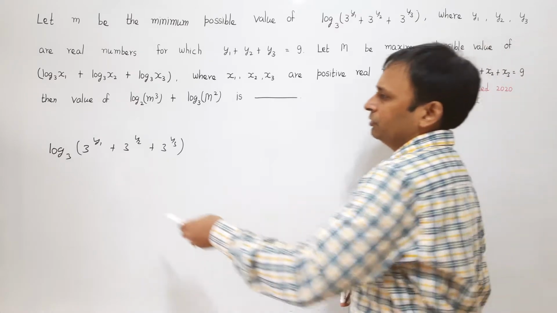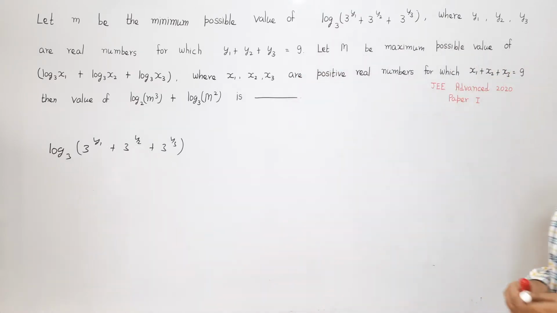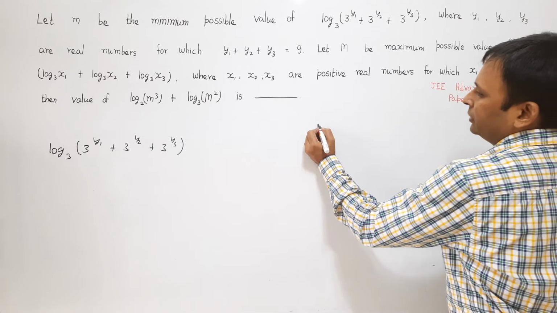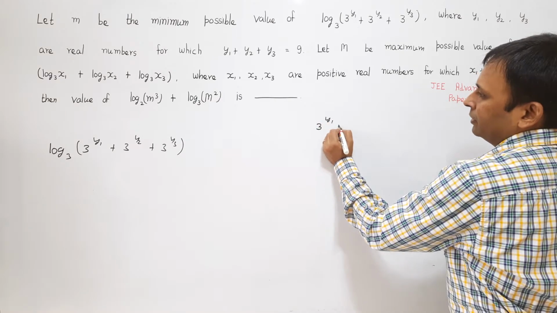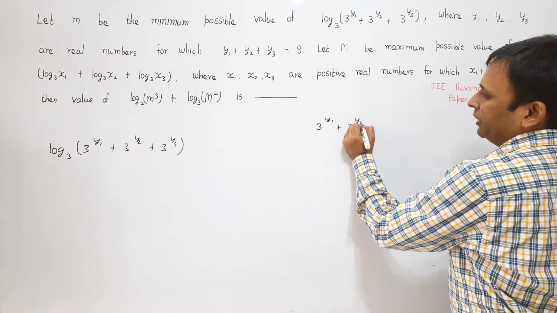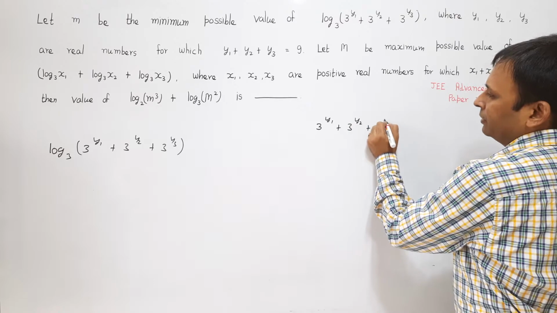So my focus will be on what is inside the log, which is 3 to the power y1 plus 3 to the power y2 plus 3 to the power y3.